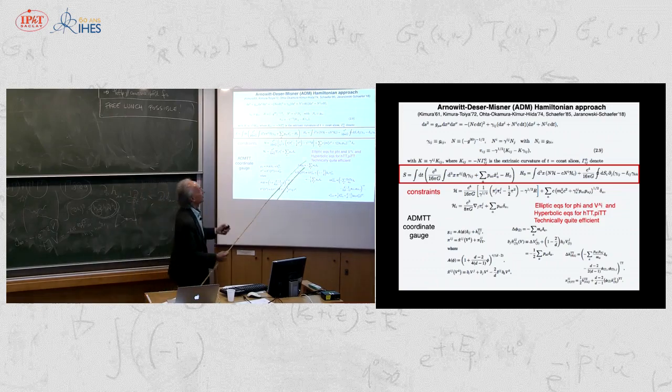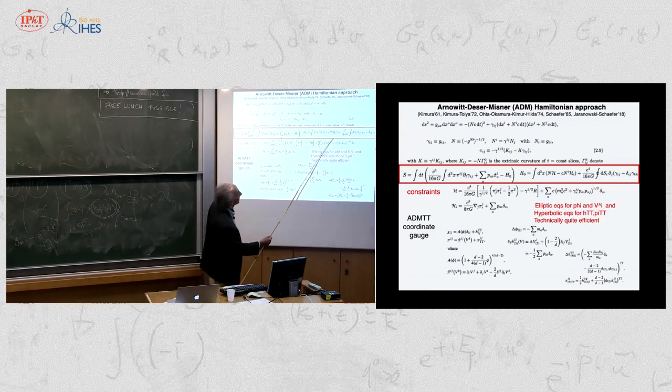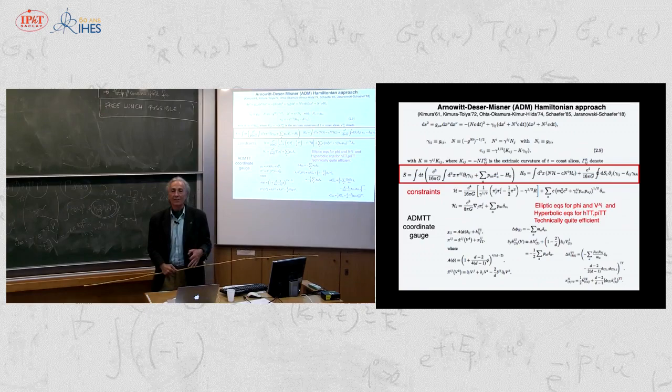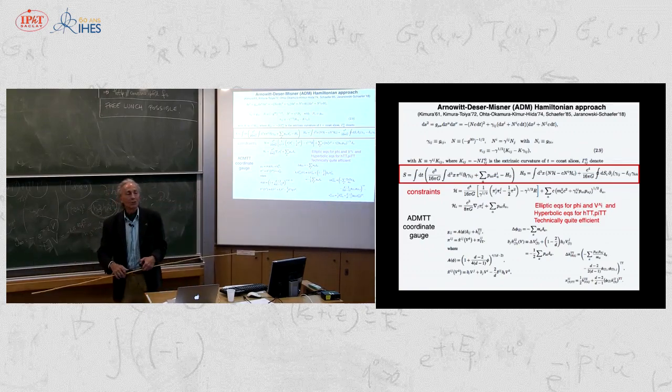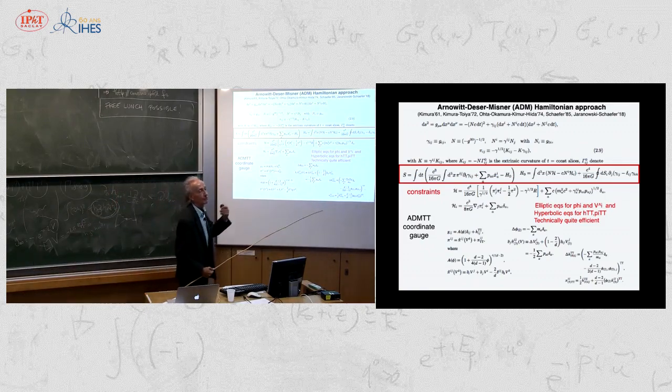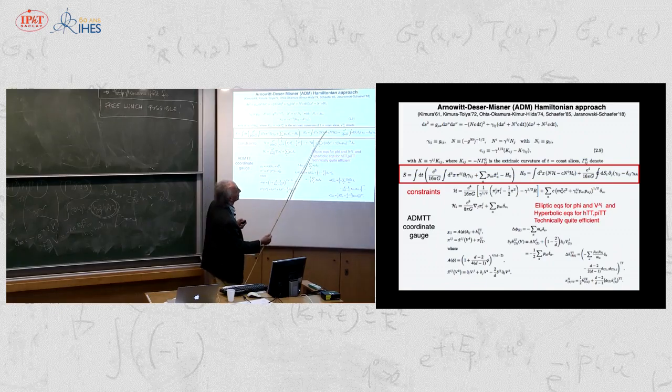The basic reason is that when you write the Einstein-Hilbert action in this language, there are no time derivatives of n and n^i. They appear algebraically, which means they are Lagrange multipliers, which means that you have constraints, which are first-class constraints. The Euler-Lagrange variation of n gives H equals 0 and H_i equals 0.